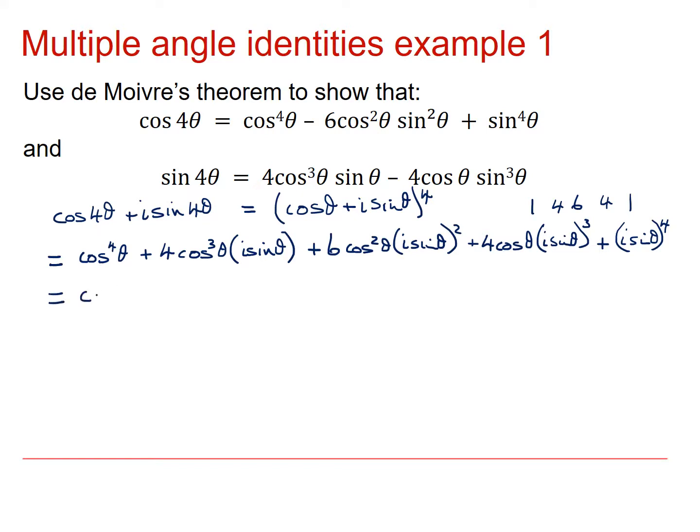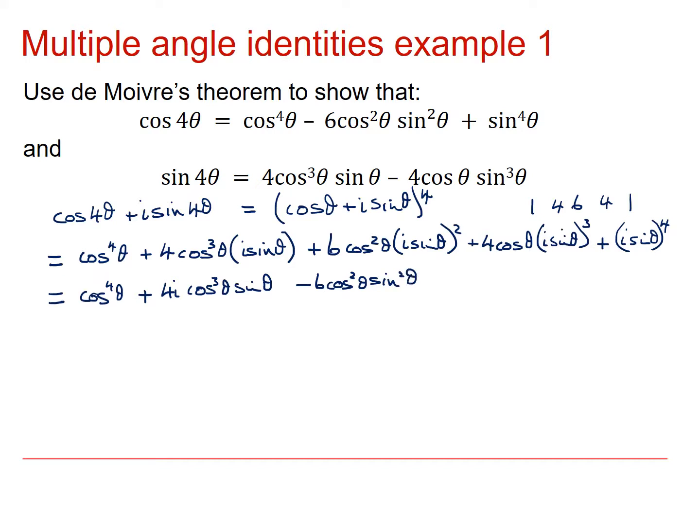So that's going to give me cos to the power 4 theta plus 4i cos cubed theta sine theta. And then I'm going to get i squared in here, and we know i squared is minus 1, so this is going to give me minus 6 cos squared theta sine squared theta.